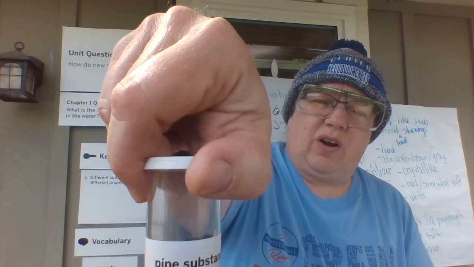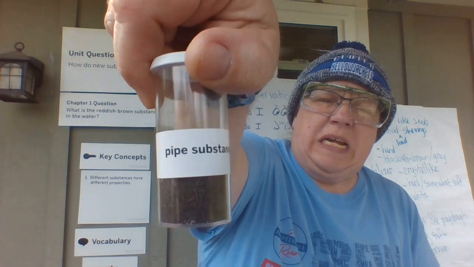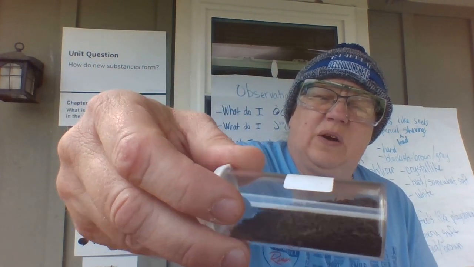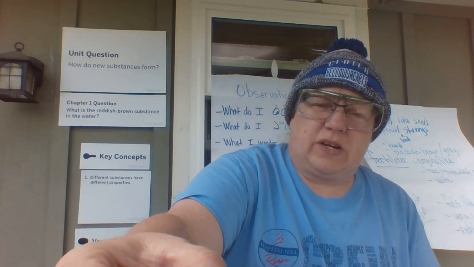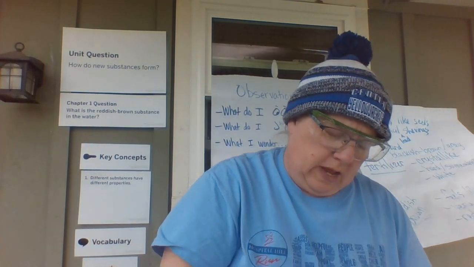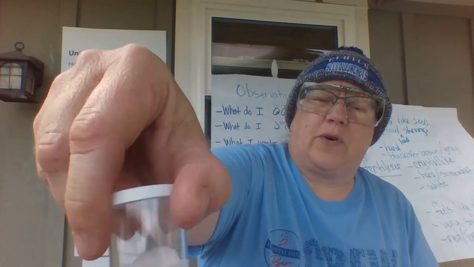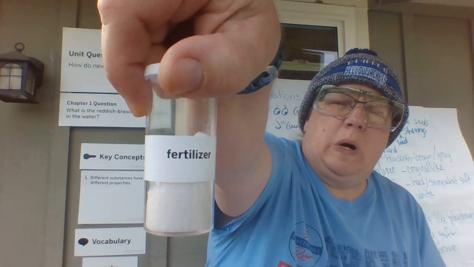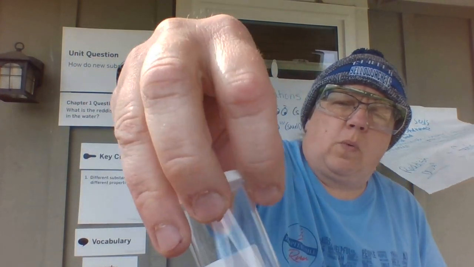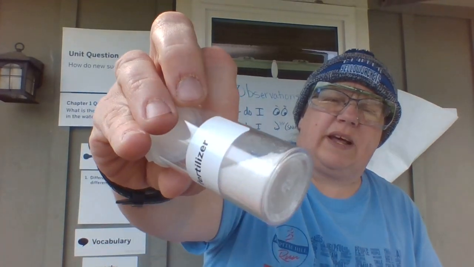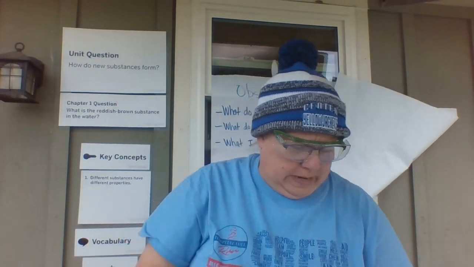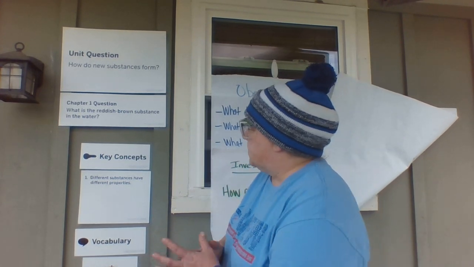We also had our pipe substance, and we took some observations about that one. And then we also had our fertilizer. Remember, the water was evaporated out of there, and just the substance was left over. Okay. So we're going to be looking more closely at those today.